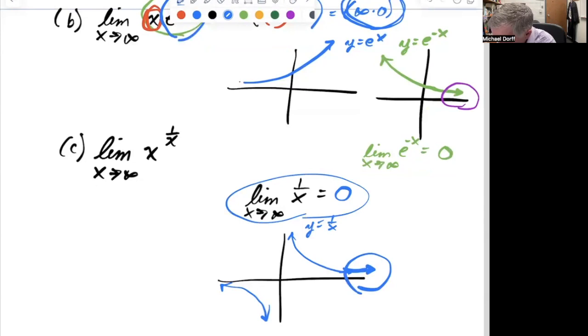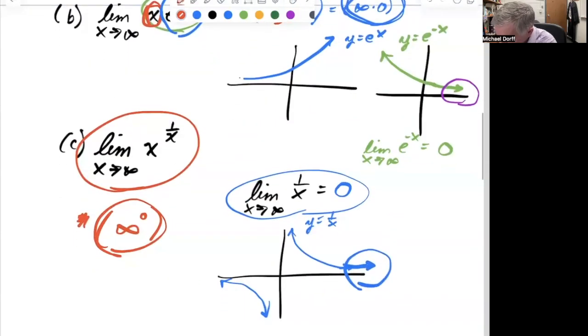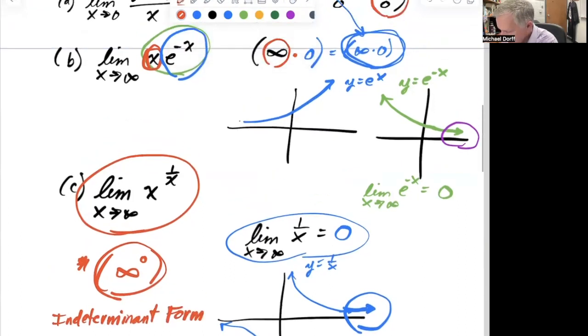So that limit there is going to be 0. So this original problem has an indeterminate form. What's that going to equal? It's going to look like infinity to the 0 power, and that is also an indeterminate form. And so there are several different ways your indeterminate form can look.